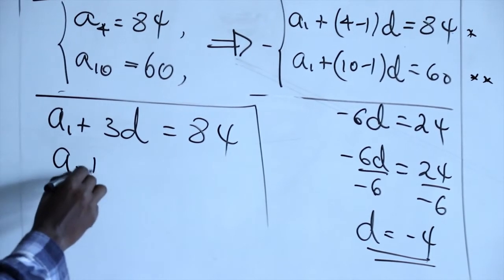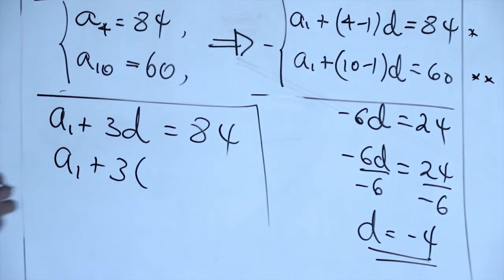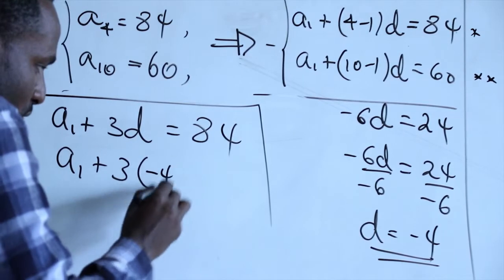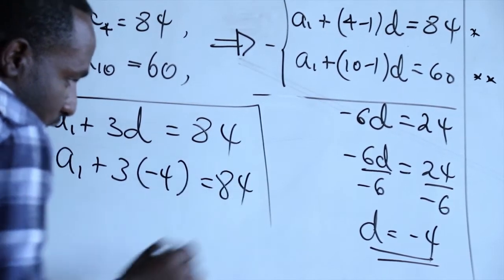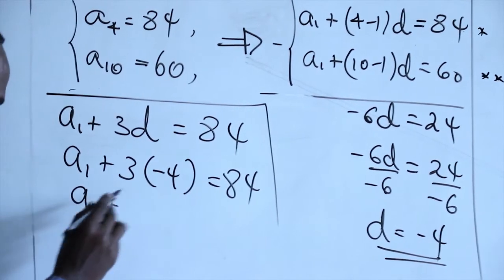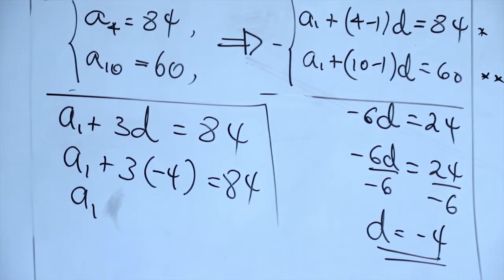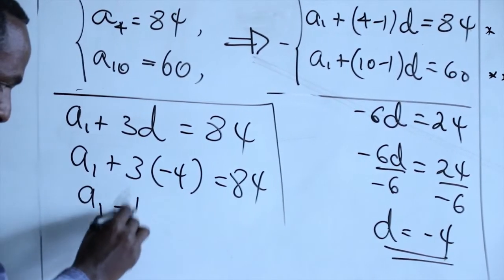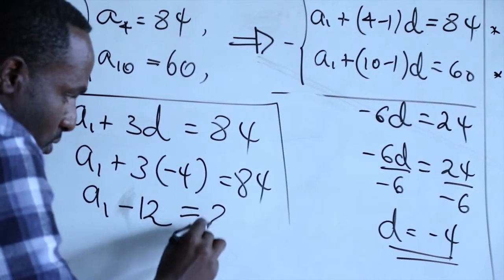So A1 plus 3 times negative 4 equals 84. A1 plus 3 times minus 4, which is minus 12, equals 84.